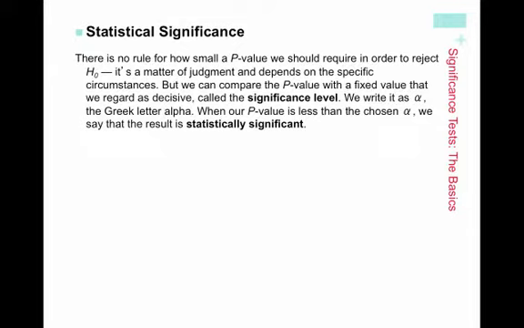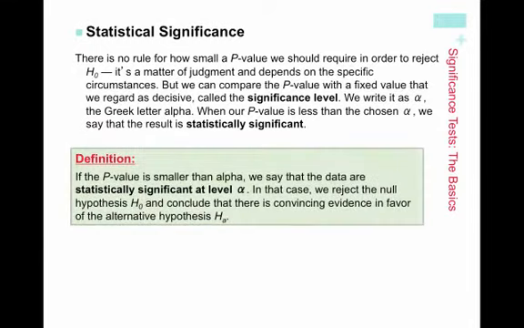But we can compare the p-value with a fixed value that we regard as decisive, that is significant. We're going to call this the significance level. We call it alpha, the Greek letter alpha. When our p-value is less than the chosen alpha, we say the result is statistically significant.